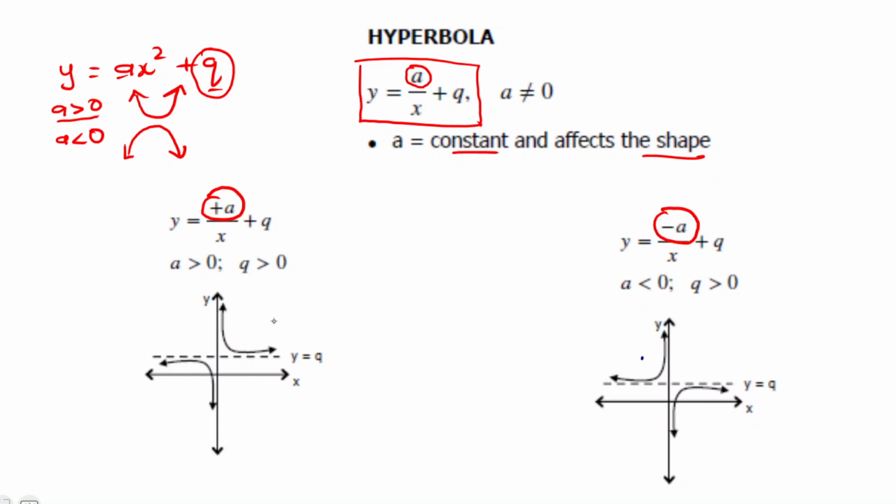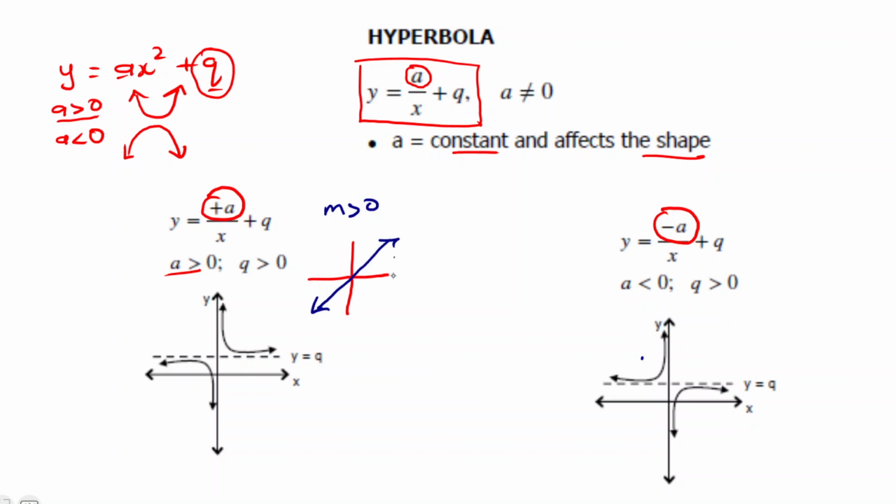Now, for a positive graph, when a is positive, you must remember the straight line graph. It will be better for you to go back to this one to understand the hyperbola. For the straight line graph, if m is positive, which means the slope is positive, this is the straight line graph for a positive slope.